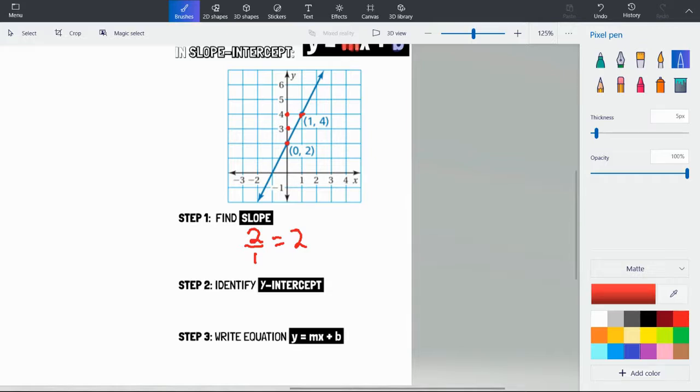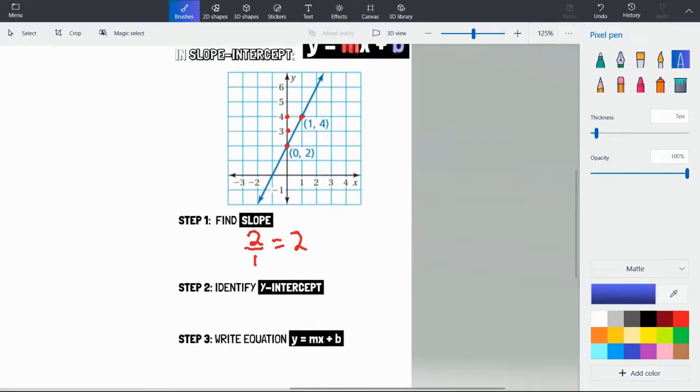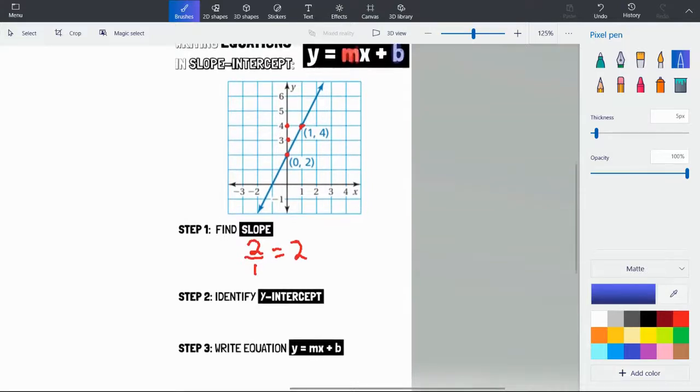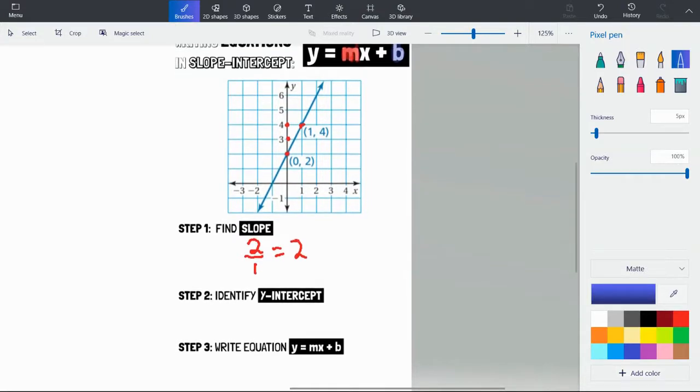The second part we're going to do is find our y-intercept. Use a nice blue for that because we had blue for b. The y-intercept of this one is where it hits the y-axis. Remember, the y-axis is the vertical axis. Wherever your line intersects the y-axis, that's your y-intercept. If you think about it, on the y-axis your x value is always going to be 0 because it's not moving left or right from the origin.